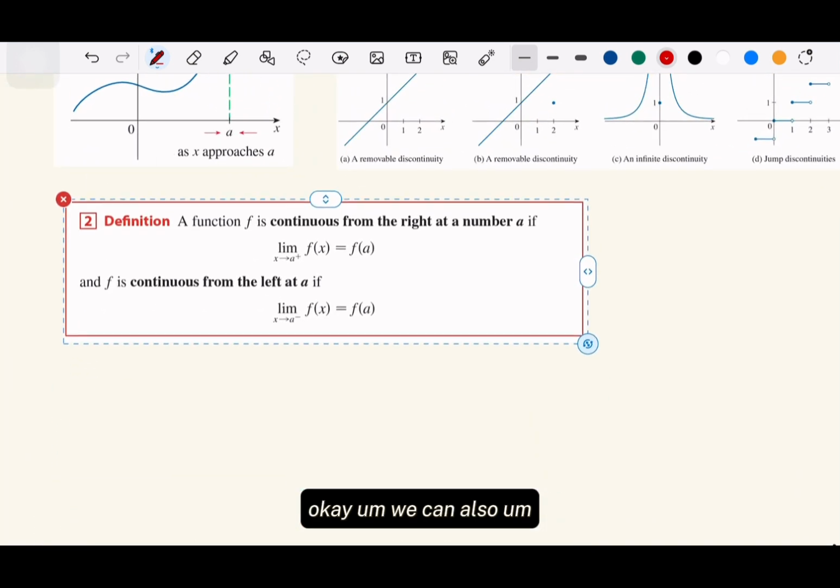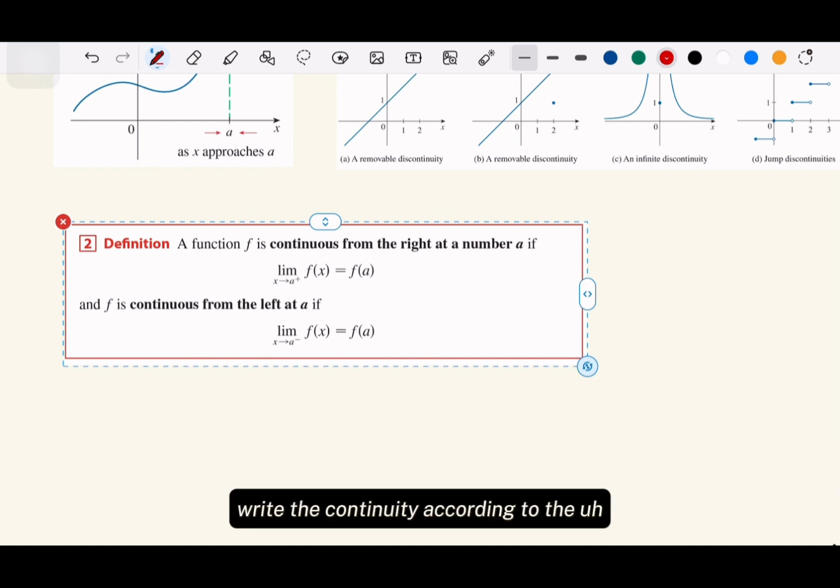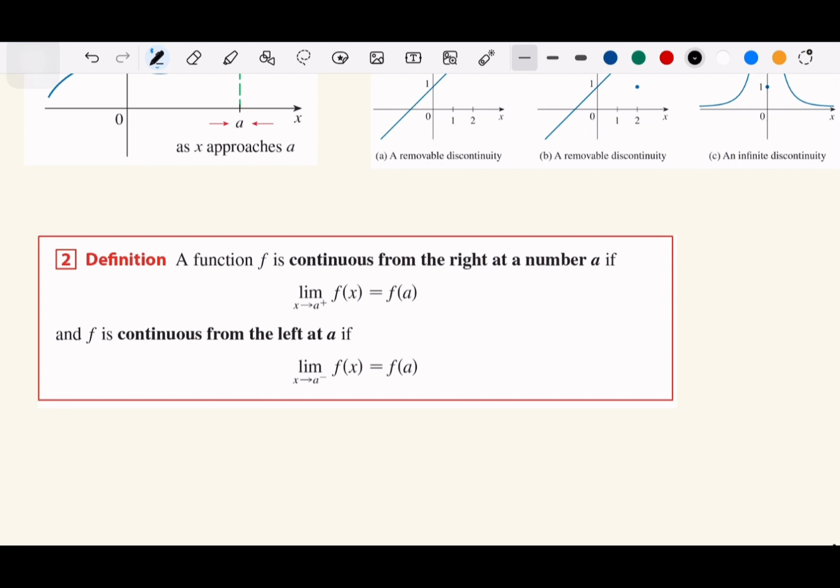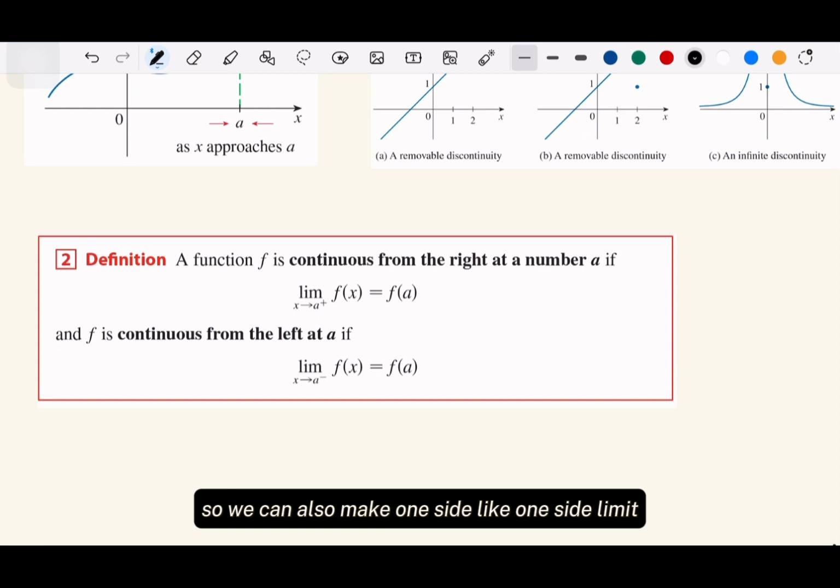We can also write the continuity according to the side we approach. If we approach only from the left, then we say it's continuous on the left side. Or we approach from the right, we can say it's on the right side only. So we can also make one side limit.